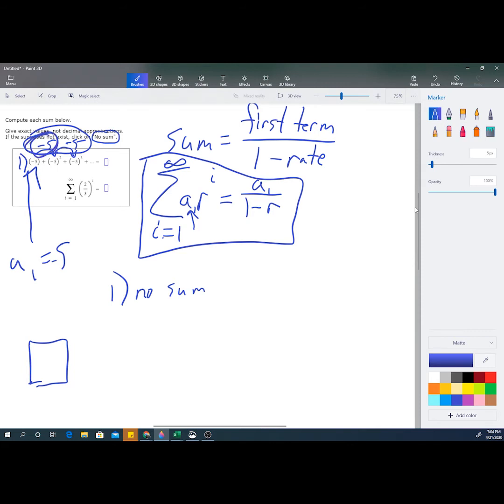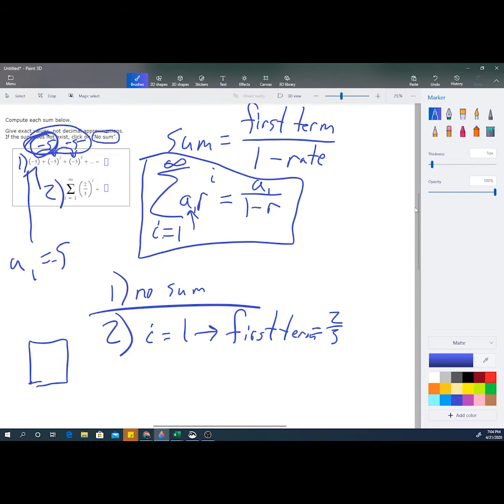For the second problem, I can see that when I put in I equals 1, my first term will be 2/3 to the first power, or just 2/3.